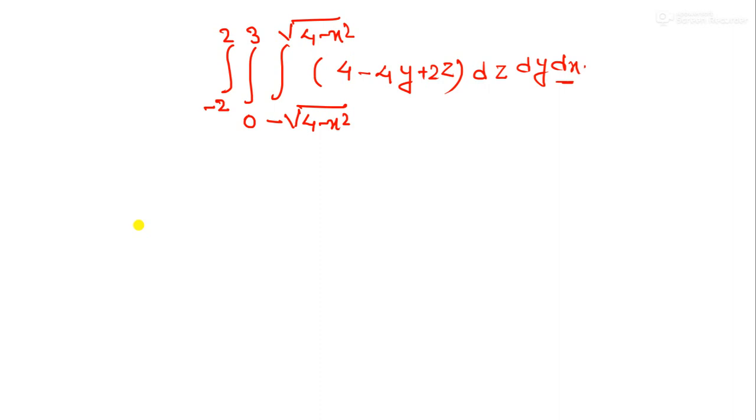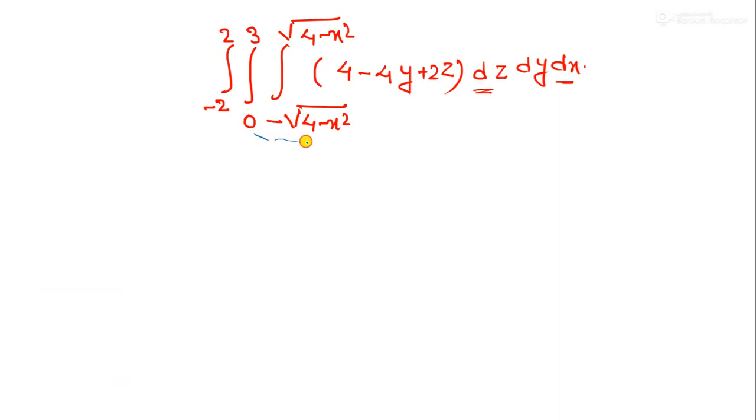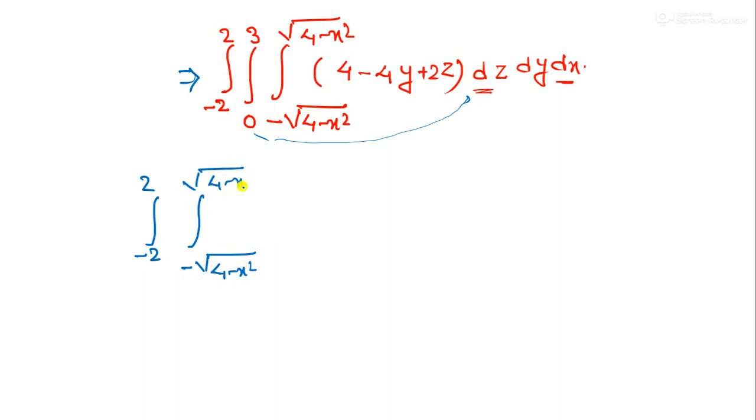Now let's solve first for dz. The z limit is this. On solving, the integral from minus 2 to 2, I am separating out the x and y limits. The y limit is minus root under 4 minus x square to root under 4 minus x square.